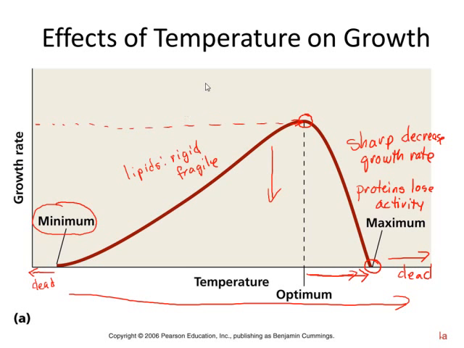Let's think big picture here, folks. This is why we cook food. This is why we put things in the refrigerator. When you cook food, what you're doing is raising the temperature above optimum, so any bacteria that may be contaminating that food product are all killed before you consume it. Makes sense. Conversely, by refrigerating food, we're slowing the growth of bacteria.